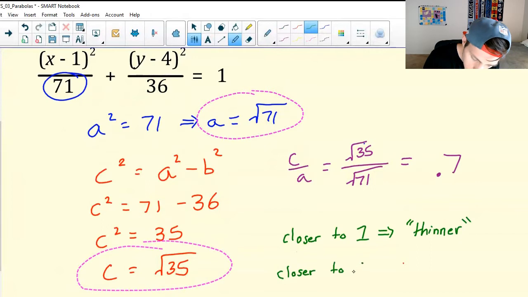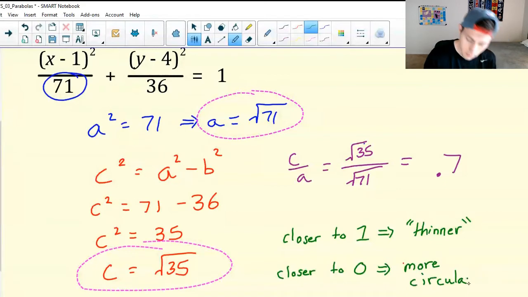And if it's closer to 0, then the closer to a circle it is, the more circular. This one we're talking about 0.7, so it's probably a longer, thinner ellipse. Longer or thin is kind of in quotation marks. They're not perfect words to describe it. But it looks less like a circle and more obviously like an ellipse.